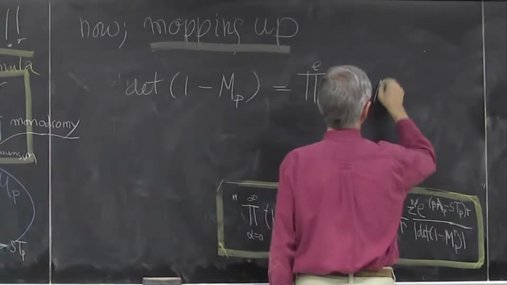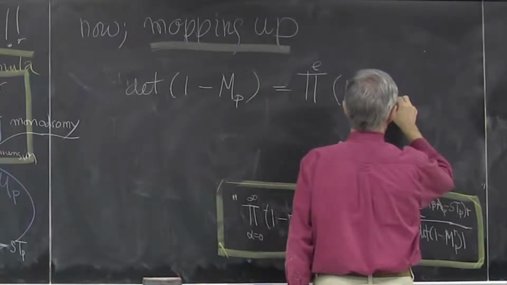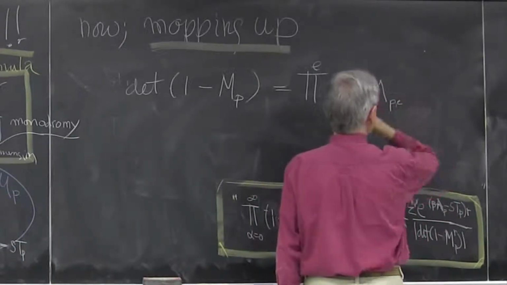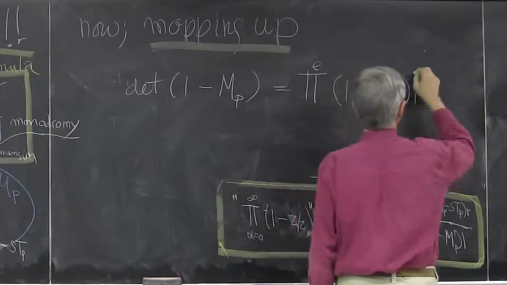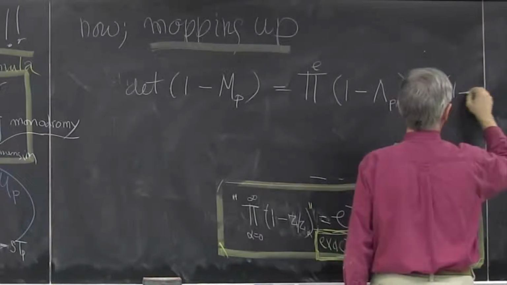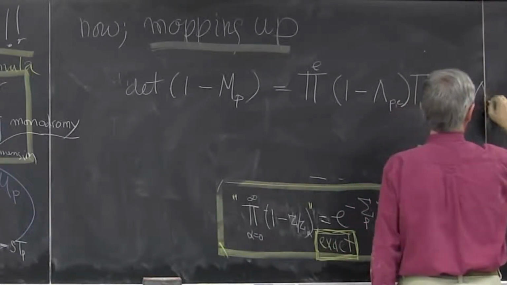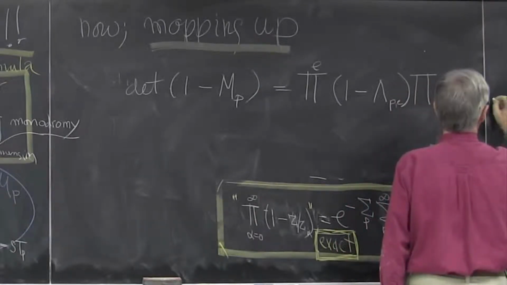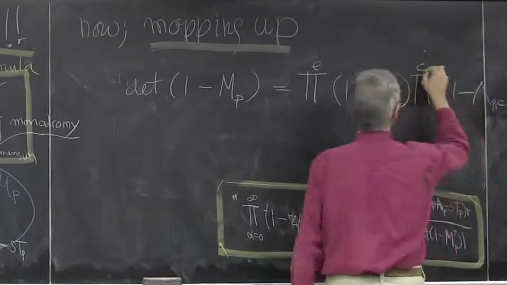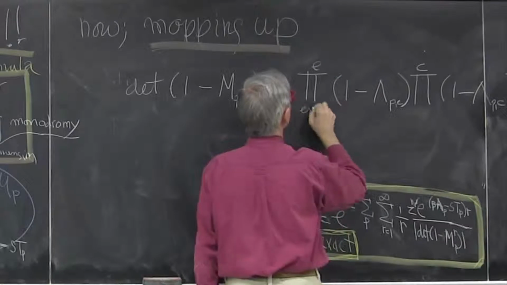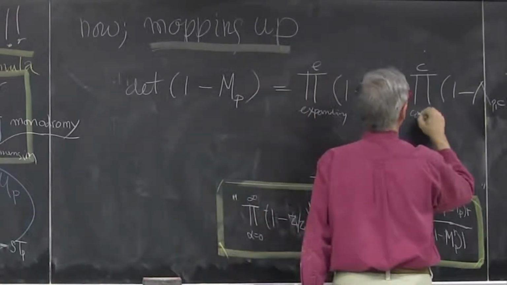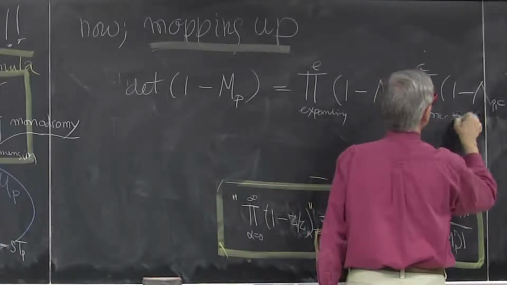So 1 minus lambda_p expanding, and 1 minus lambda_p contracting.